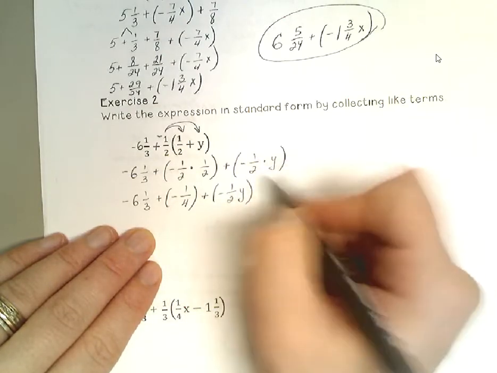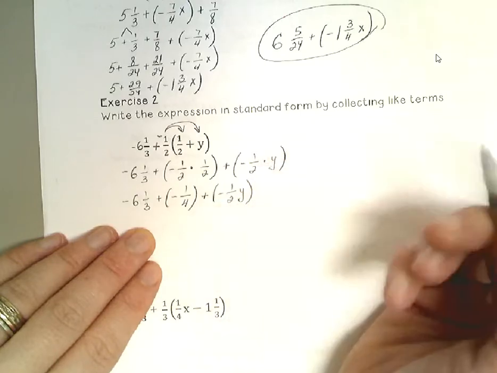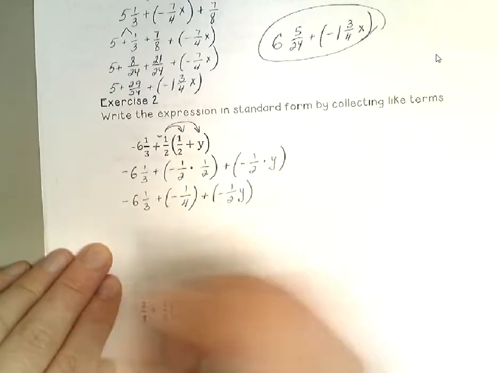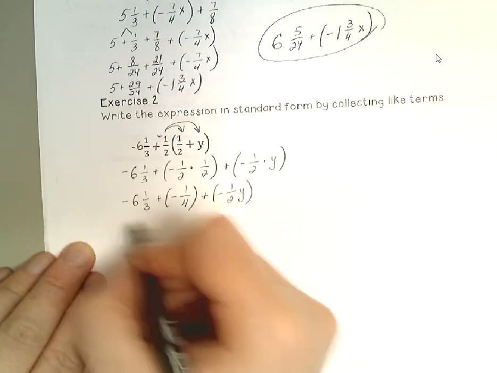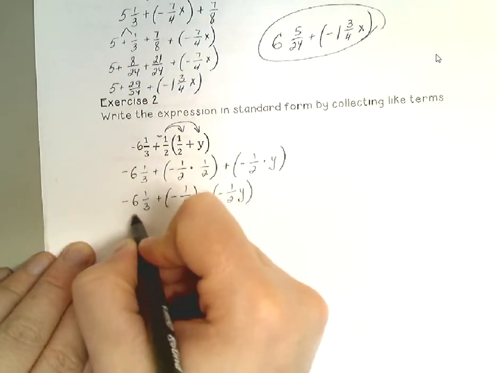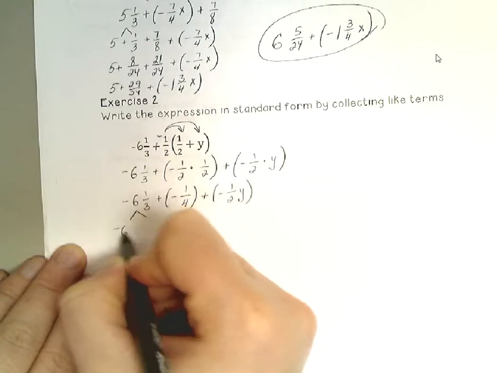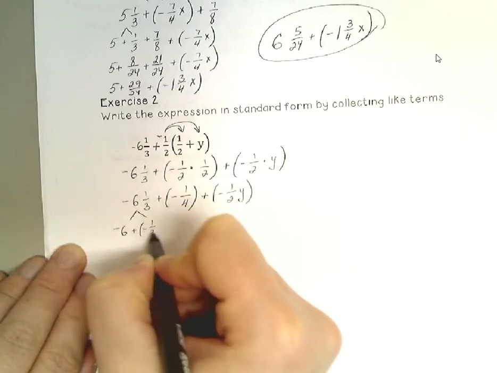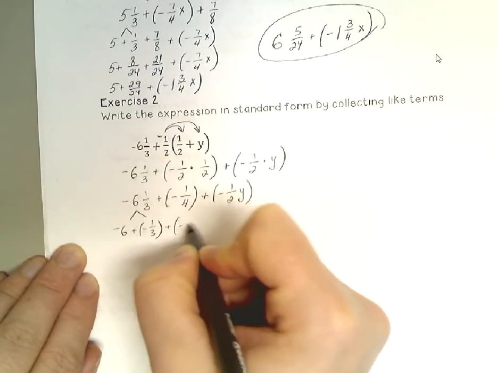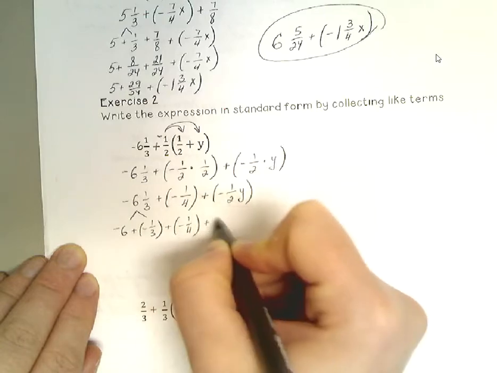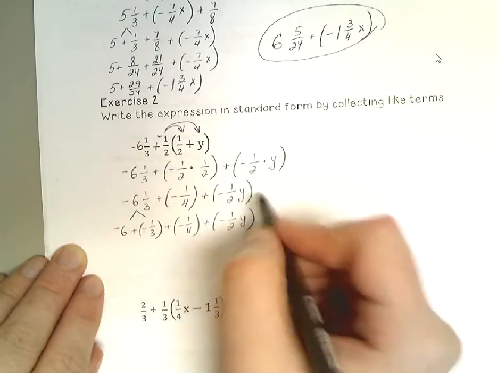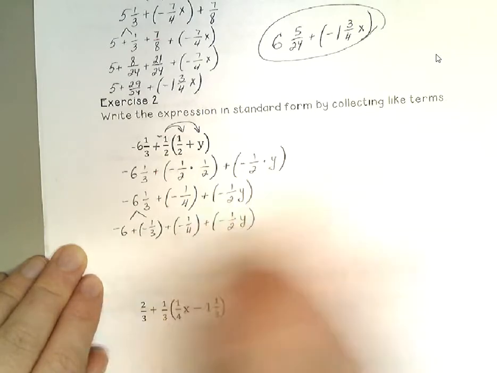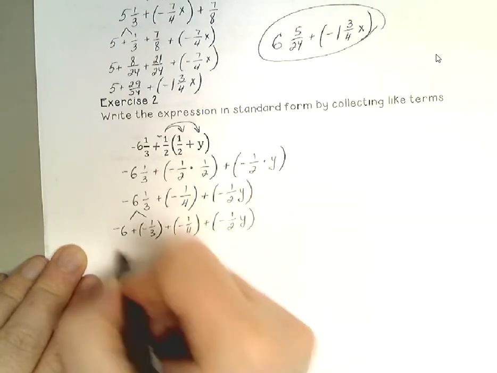Because I can't multiply these, I will just put y next to the number, right? I have two like terms that I can add together. I'm going to decompose these first. Negative 6 plus negative 1/3 plus negative 1/4 plus negative 1/2 y. I keep rewriting these so I don't lose it. Okay, finding common denominators.